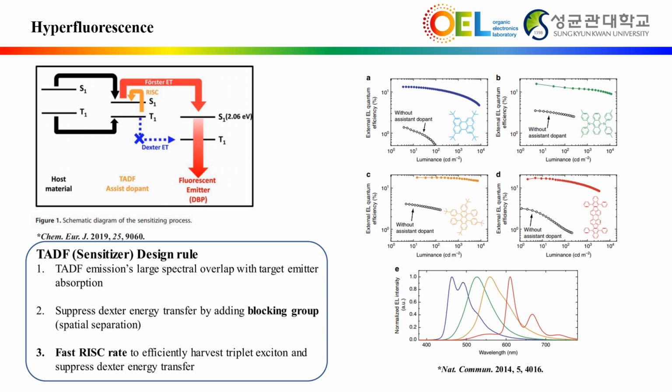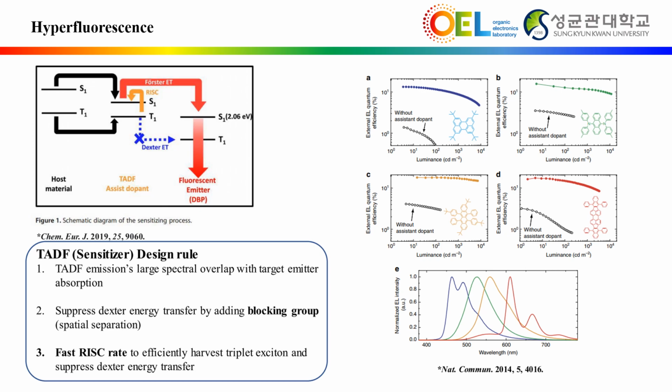My current main research topic is hyperfluorescence. Although the TADF molecule described above can achieve 100% internal quantum efficiency, it has a limitation that it cannot be used alone in a device due to the wide half-width caused by various geometry changes in the excited state.